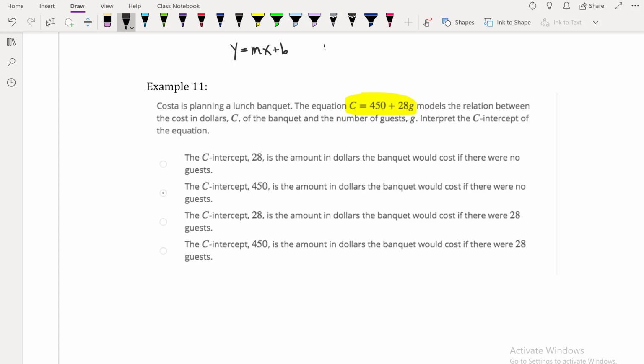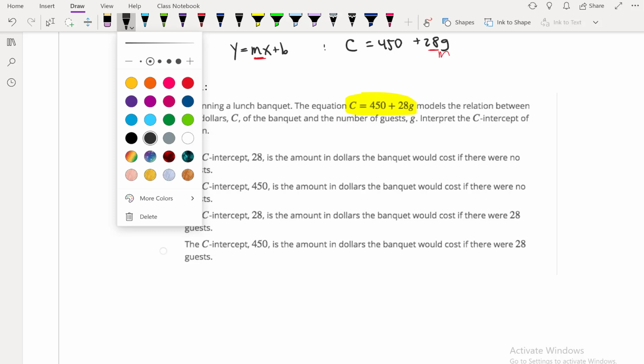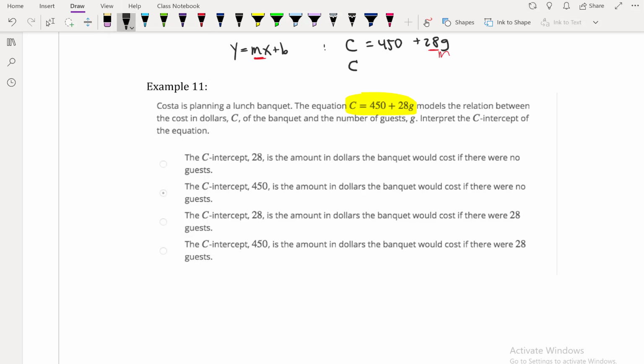So I really had that c is equal to 450 plus my 28 g. Well, to make that equation look more like the y equals mx plus b, you can think of the m value here being 28. That would be your rate or your slope. So I'm going to rewrite this as c is equal to 28g plus 450.